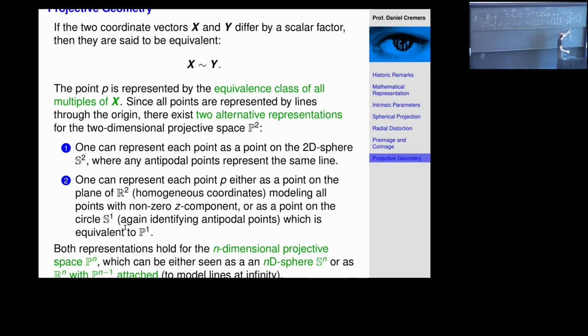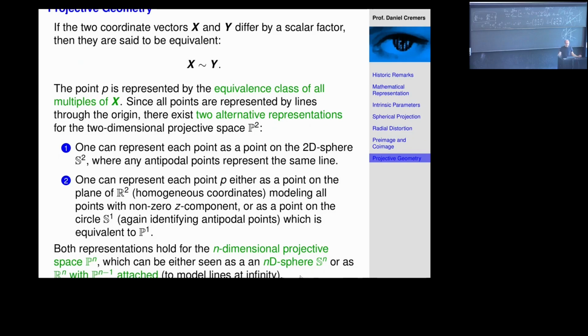One is with a sphere where antipodal points are the same element, or we can parameterize them with a plane that allows us to capture these intersections with the lines here. And then we still have this circle of points where the corresponding line doesn't intersect the plane because it's parallel to the plane. In fact, this holds for any projective space in any dimension: you have these complementary representations.